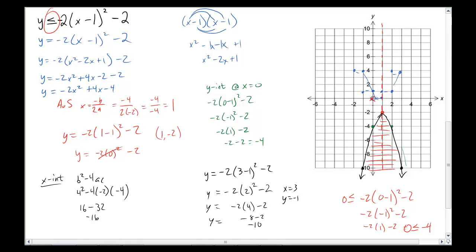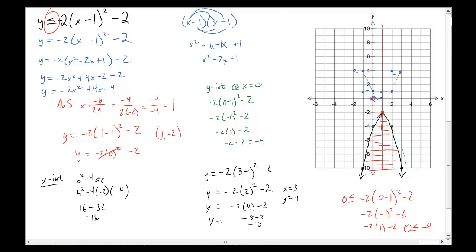Alright, then I've got two things happening not directly to the x. It's being multiplied by a negative 2, and it's subtracting 2. Now, because it's not directly to the x, that means it will affect y. It'll affect y exactly in the way that we expect. Well, if it's a negative, I expect it to flip it upside down. And because it's a 2, I expect everything to be multiplied by 2.